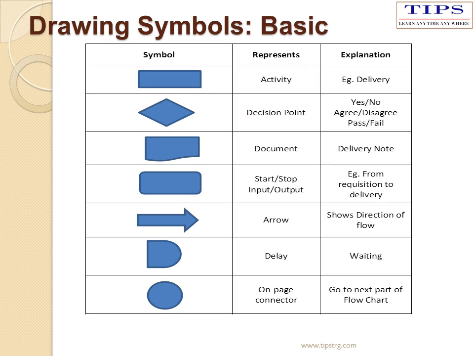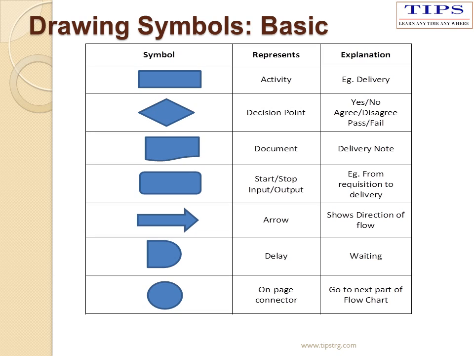These are the typical symbols used for drawing the process flow chart. The rectangle represents the activity, for example, delivery. The next symbol is the diamond, which represents the decision point.